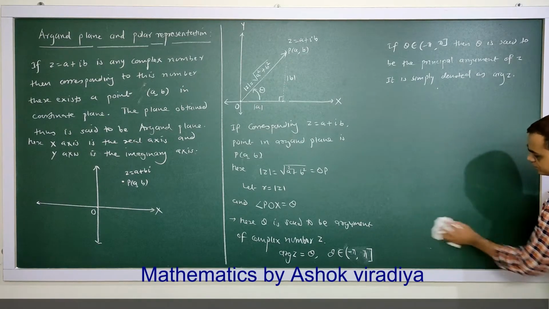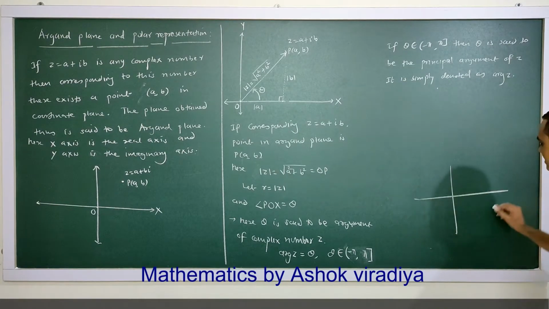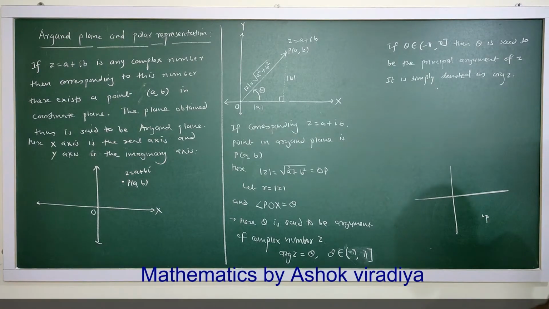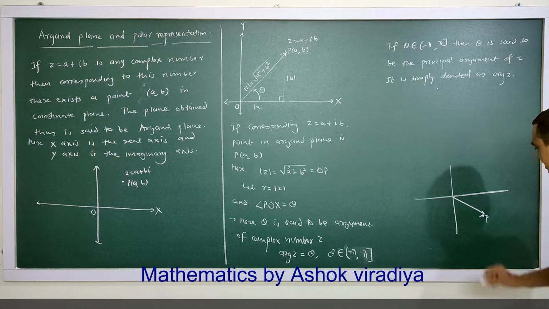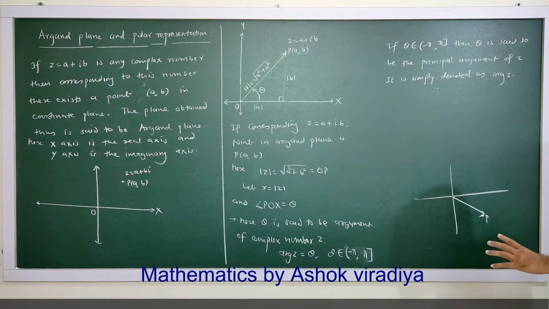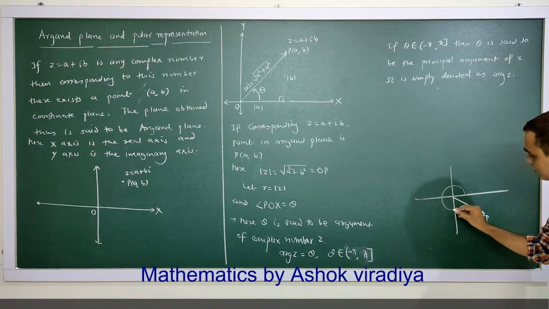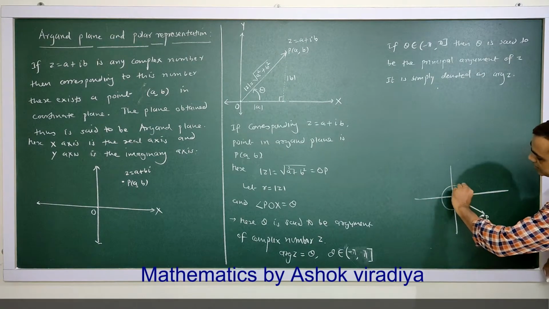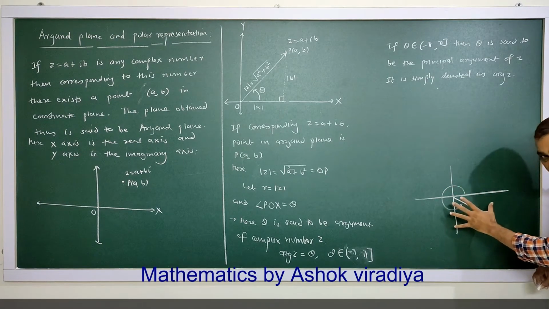See, suppose the point corresponding to the complex number is in the fourth quadrant. Then this will be ray OB. In this case, we can take theta along the anti-clockwise direction. This is allowed. This is true.